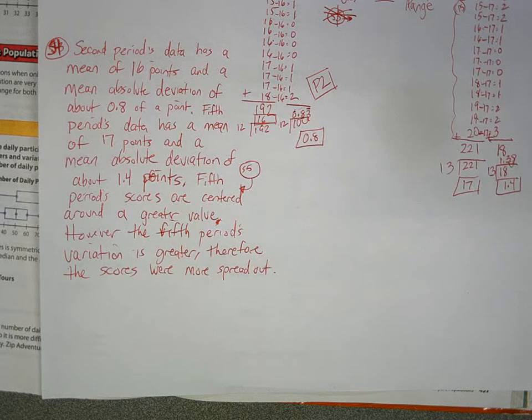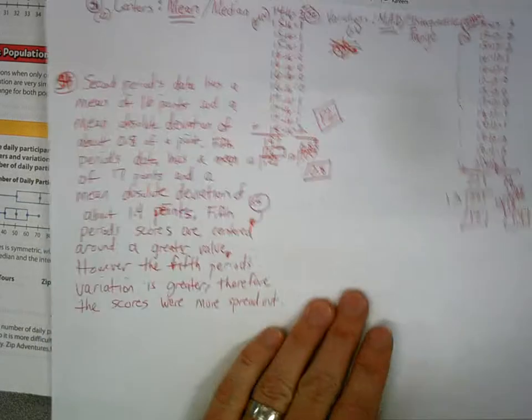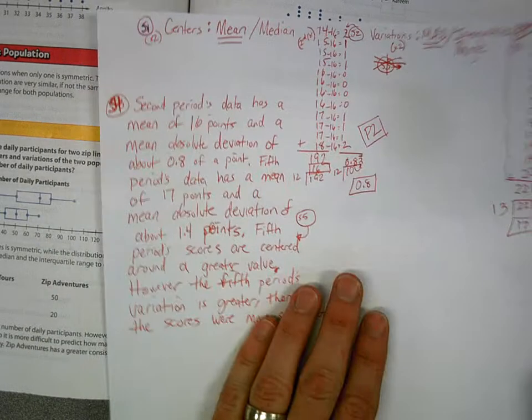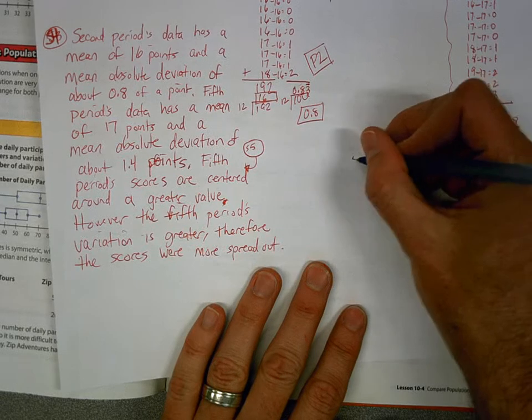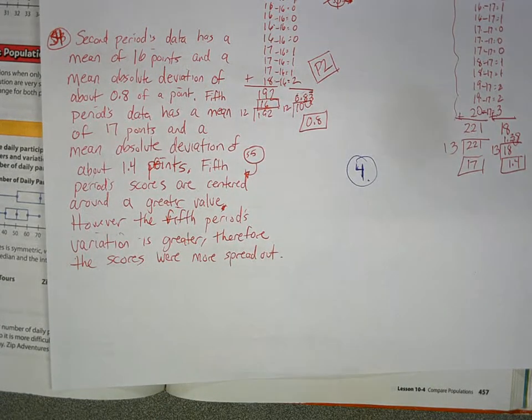Questions on that? I'm going to have you try one. Instead of the mean absolute deviation, could we just put that from 18 to 16? All right, here's the one I want you guys to try. Problem number 4. Go.